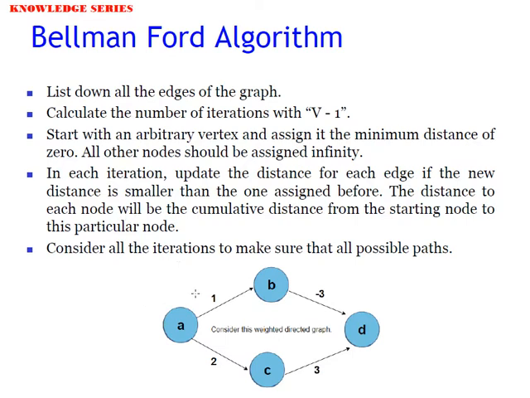Next, in each iteration, update the distance for each edge, and if the new distance is smaller than the one assigned before, update it. The distance of each node will be the cumulative distance from the starting node to this particular node. That means if you start from here and find some update here, and finally find the destination node, these are cumulative and keep on adding.